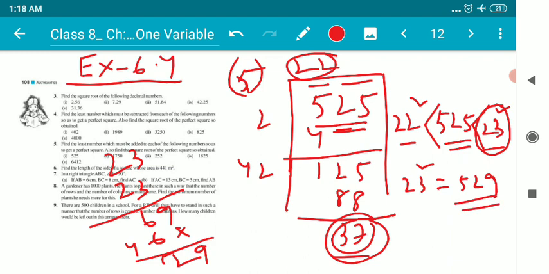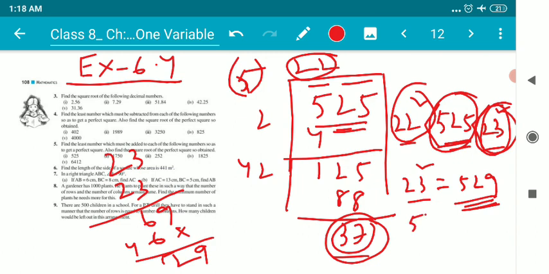So between 22 square and 23 square comes 525, and 23 square is 529. Children, how much is to be added to 525 so that I get 529? Yes, the answer is 4.